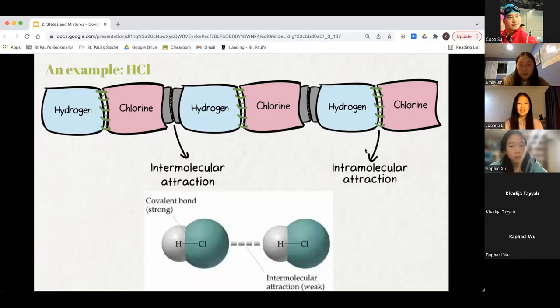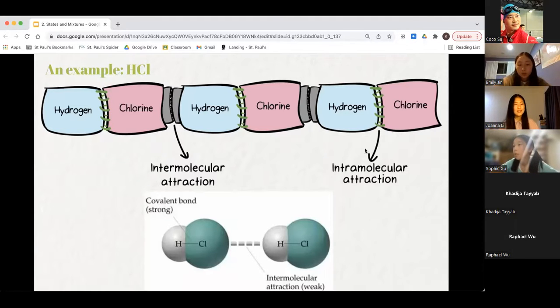Intra means within the molecule. Here it says hydrogen and chlorine. The full molecule is HCl, called hydrogen chloride. An intramolecular attraction attracts the hydrogen atom and the chlorine atom together, so it's within the molecule. The intramolecular attraction, in this case for hydrogen chloride, is called a covalent bond.